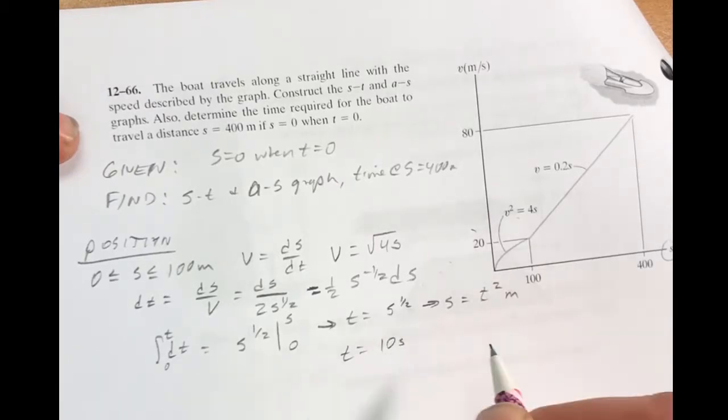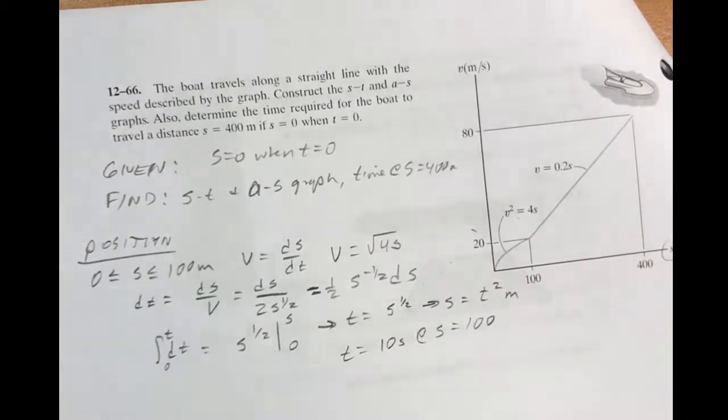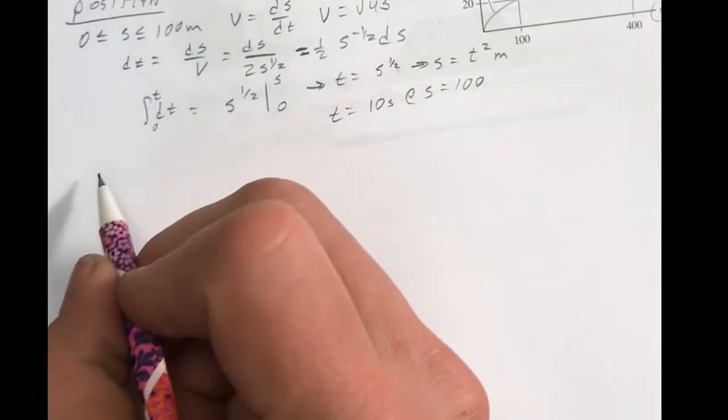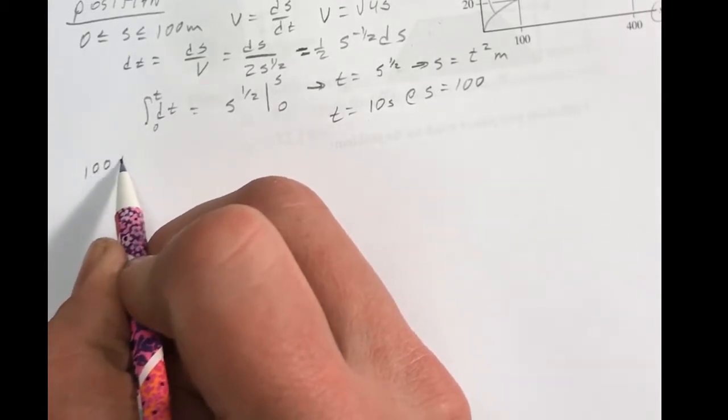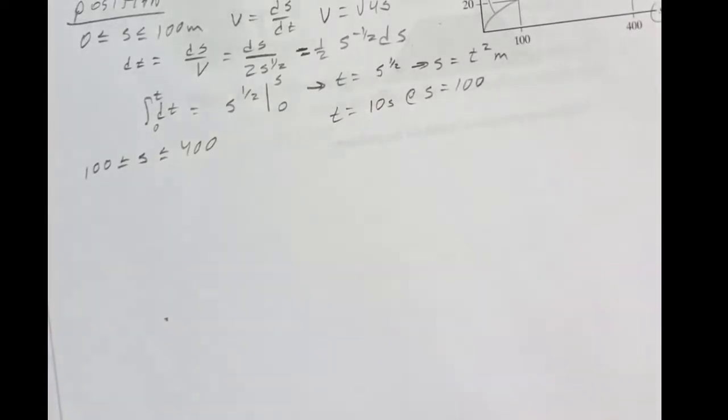So that's 10 seconds at s equals 100. Okay, we're making progress. Now let's go to the next section, from 100 to 400 meters. What's going on?